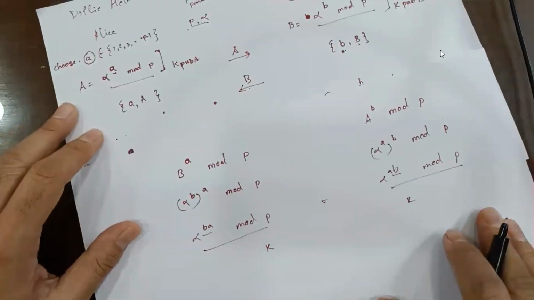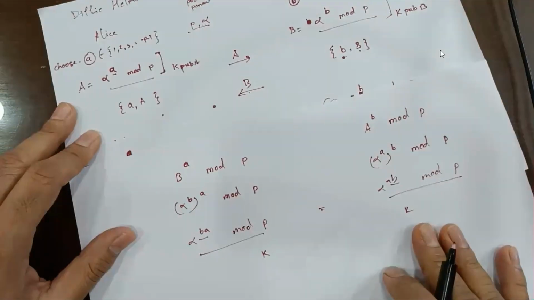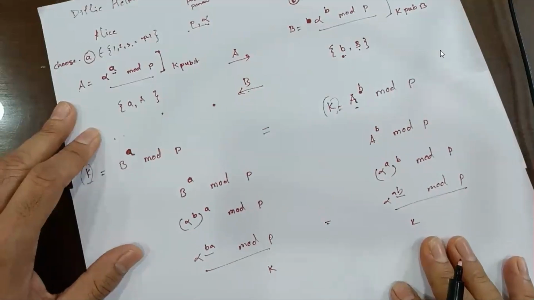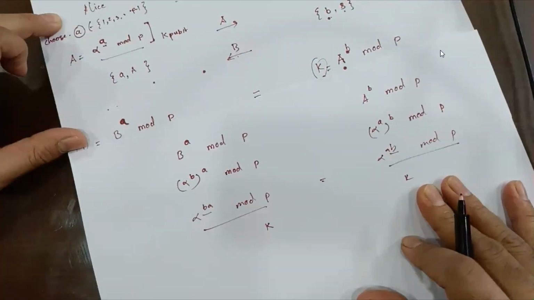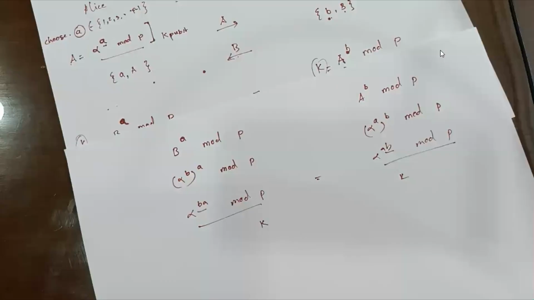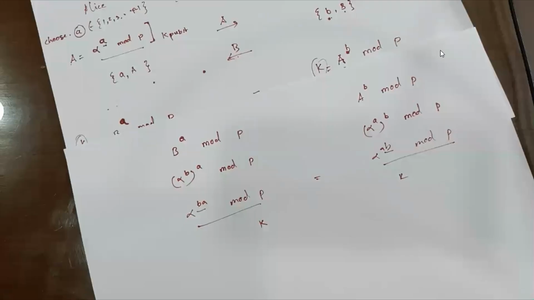So this is what the Diffie-Hellman key exchange is, where you are not sending the private key. If you have any doubts, we can discuss before we see the example.